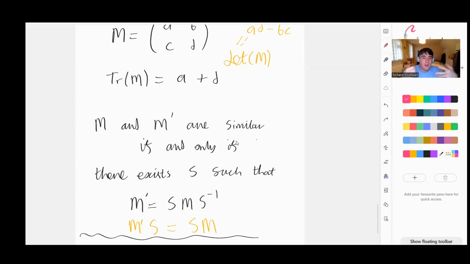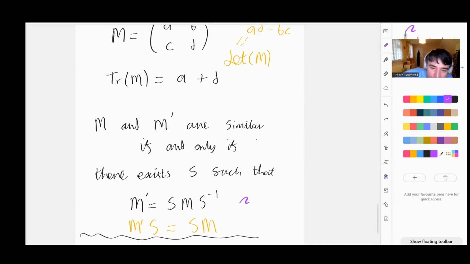They're basically similar when there exists this other matrix which allows us to convert between the two things. The way I like to think of what's going on here is that when we have similar matrices, it means that the matrix M is kind of like the matrix M dash.